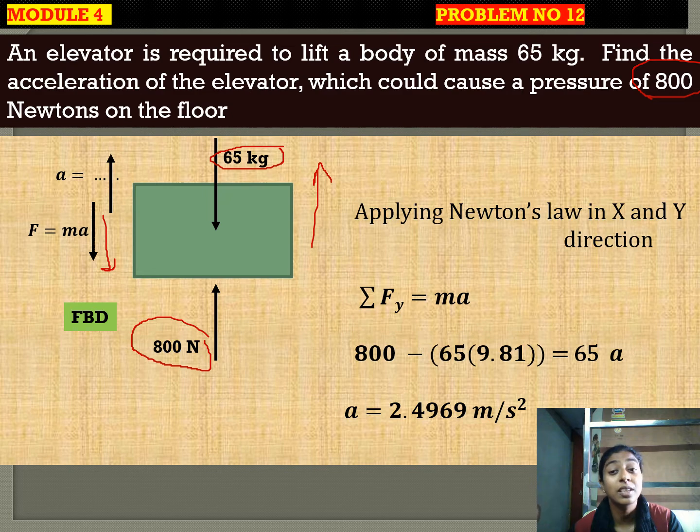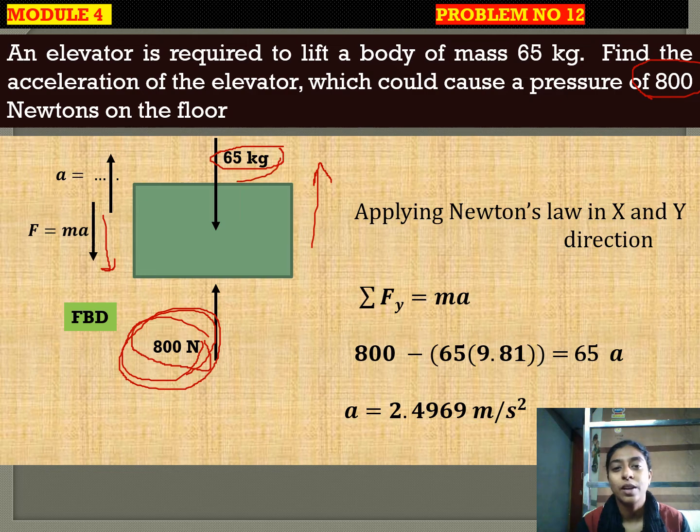Frictional force is not considered here because there is no surface of contact. Now, listen, this 800 Newton pressure is applied on the floor to lift this 65 kilogram body. So we are asked to find what is A, the acceleration.